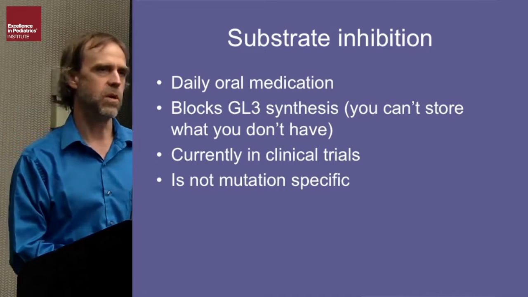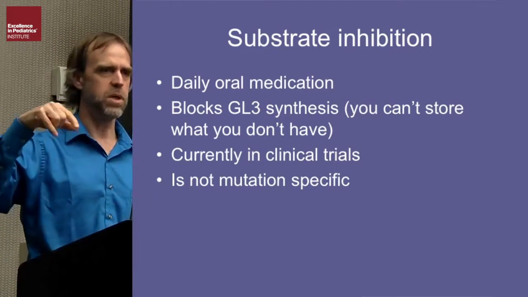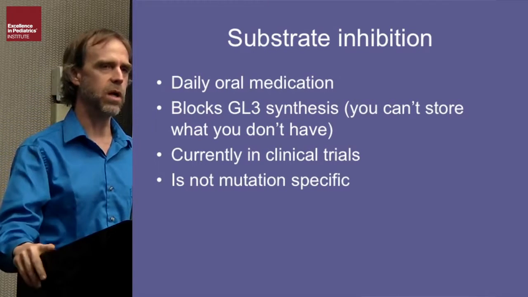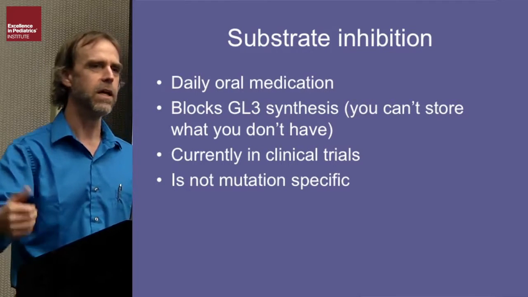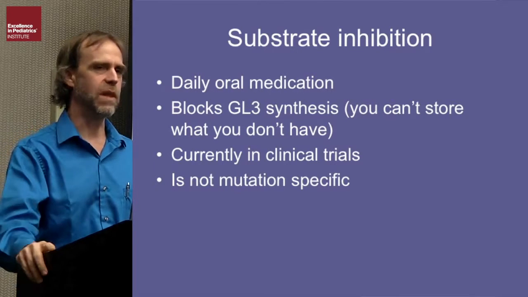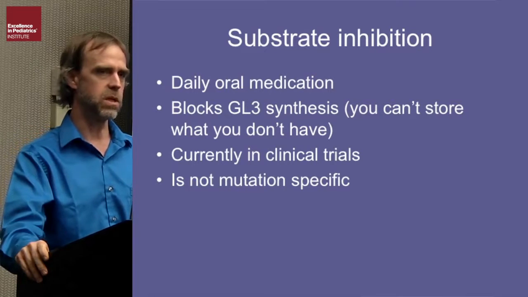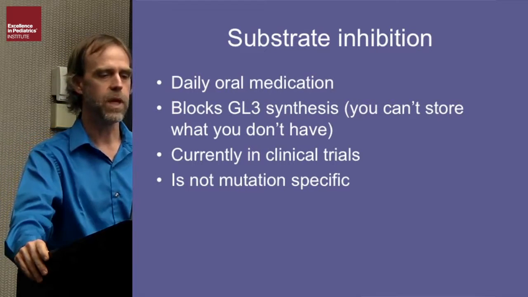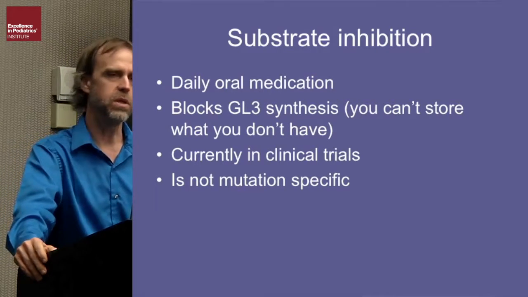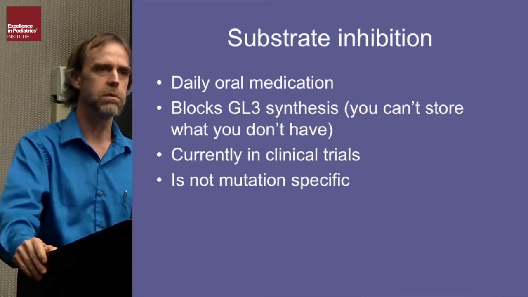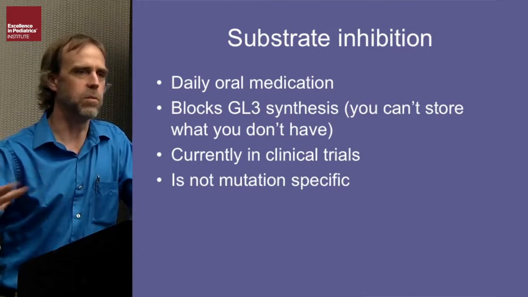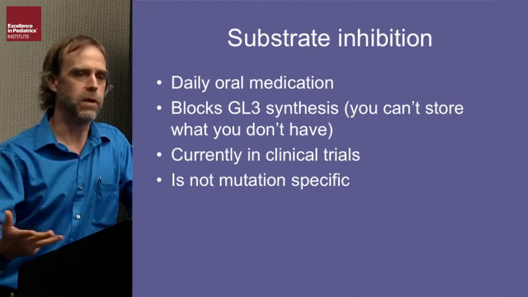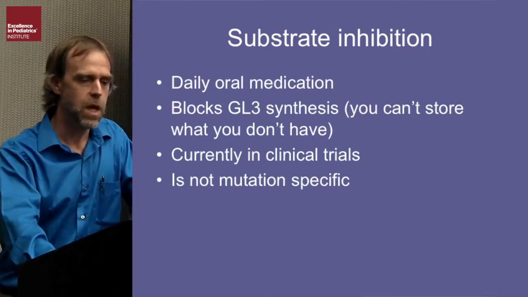The enzyme therapy goes in and tries to unplug the clog. It's like Drano or Roto-Rooter or something like that. It's going to open up the pipes and allow the stored material to drain out. What the substrate inhibition therapy does is turn off the faucet, so that if you don't have any more water coming into the tub, it can't overflow, you don't get the mess.